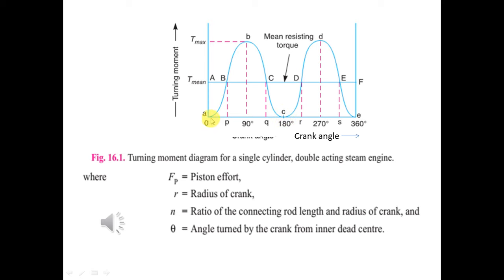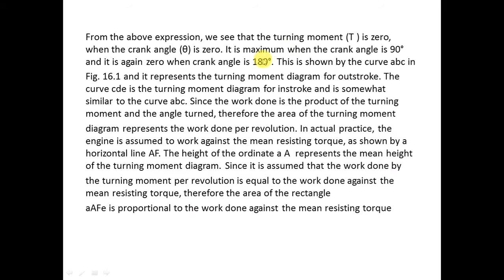As you can see, as the crank rotates, the turning moment value increases, reaches the maximum level, and then the value drops. This is shown by the curve ABC, and it represents the turning moment diagram for the outstroke.